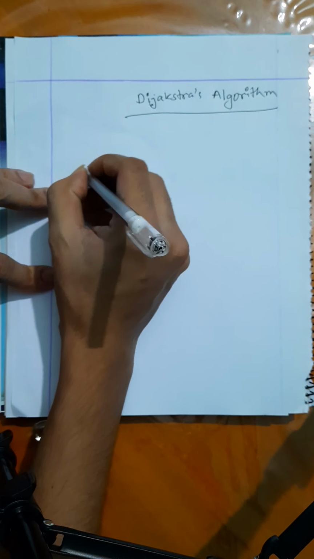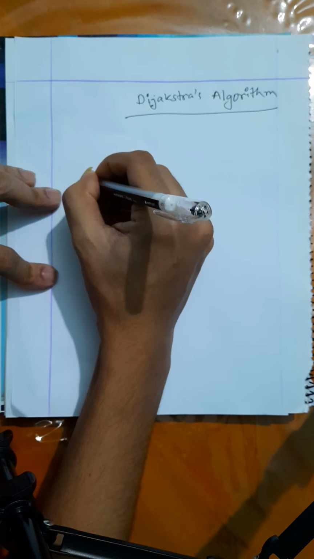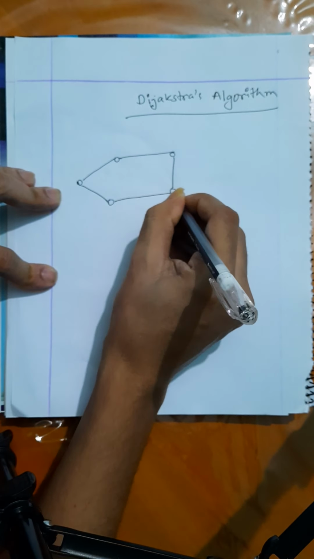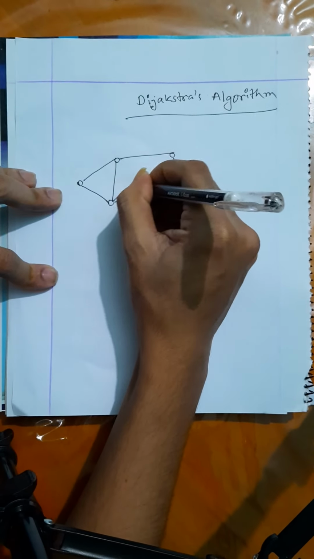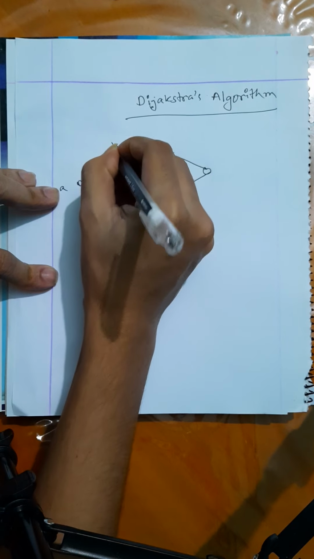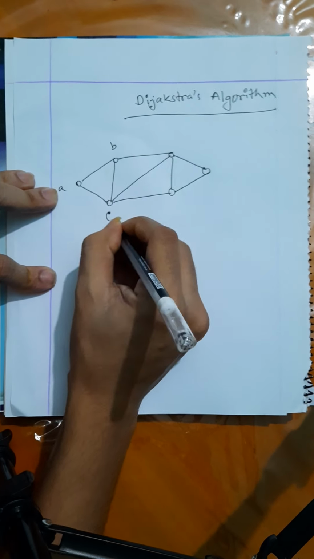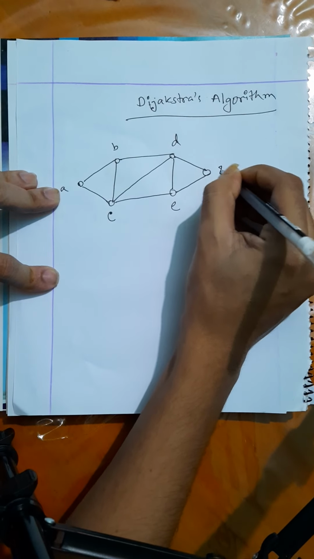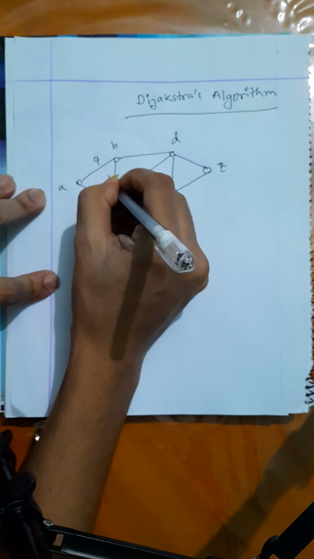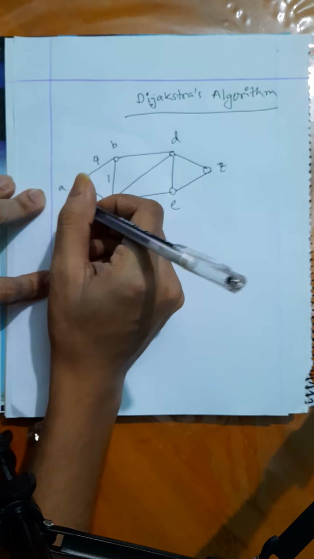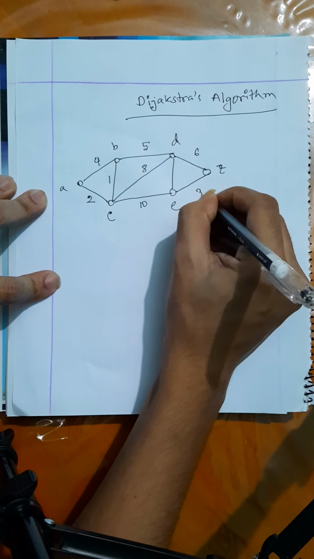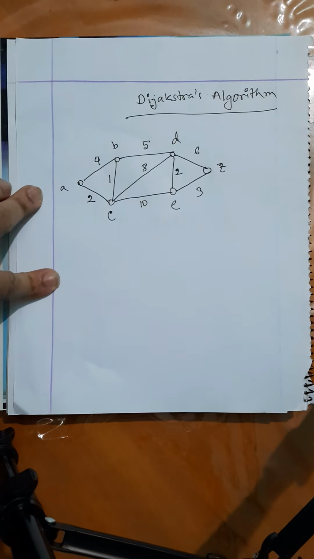So let's draw a graph first. We'll have to give the weights. So this is our initial graph.